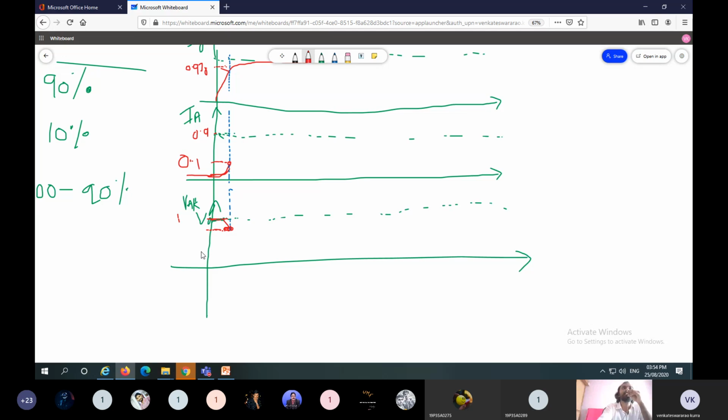So in terms of anode to cathode voltage, it is the time taken to decrease from 100% to 90%. In terms of anode current, it is the time taken to reach 10%. In terms of gate current, it is the time taken to reach 90%. That time is known as delay time, TD.